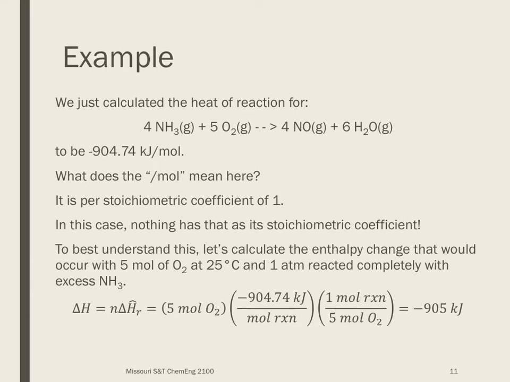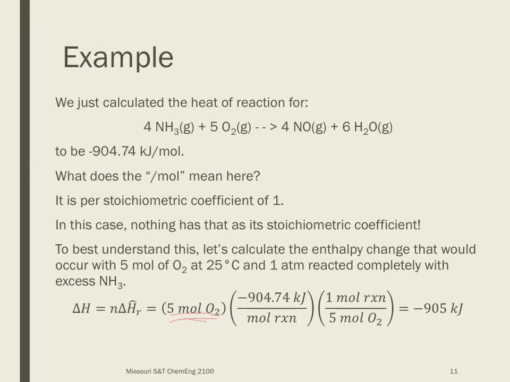So if I wanted to know what's the enthalpy change if I had 5 moles of O2 at 25 degrees C in 1 atmosphere that reacts completely with excess NH3. In other words, I'm going to use up all the O2 and there's always going to be NH3 there for it. So in this case it would be 4 moles of NH3. So I start with my 5 moles of O2. Then I'm going to multiply by the heat of reaction, negative 904.74 kilojoules per mole of reaction.